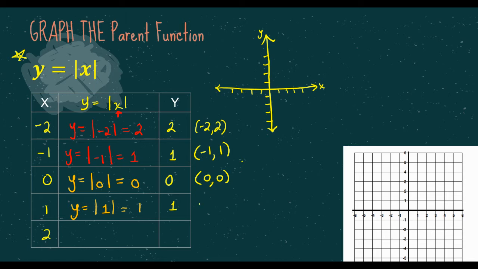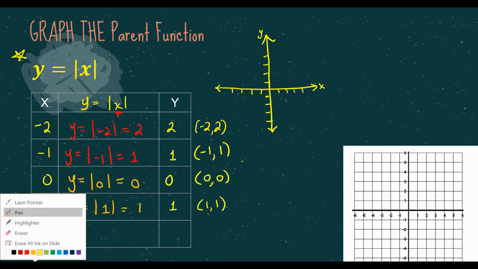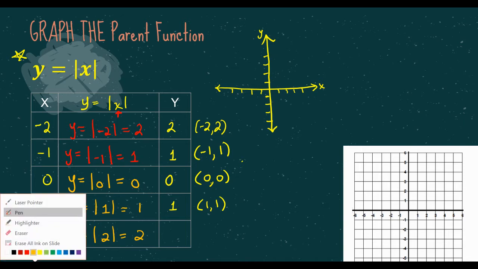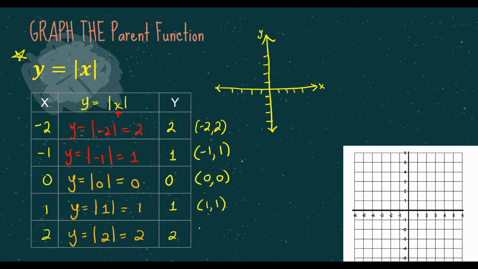So we're going to plot the point 1, 1. And the last one, Y equals absolute value of 2 is equal to 2. So we're going to plot the point 2, 2. And I just changed colors midway because I thought it was easier to see orange instead of the red. That's the only reason why I changed colors.